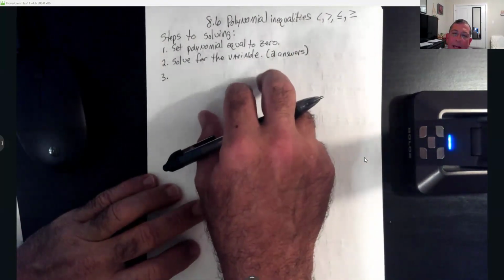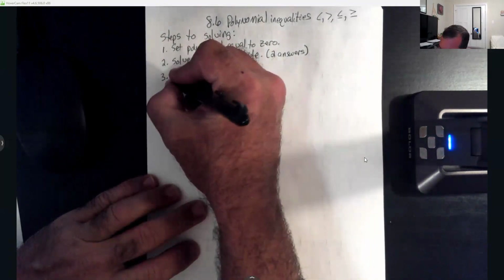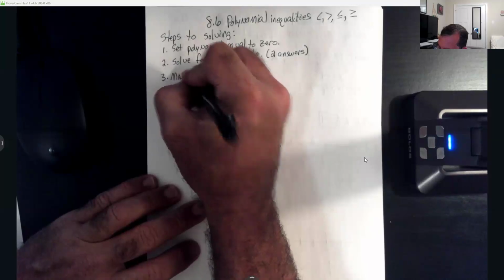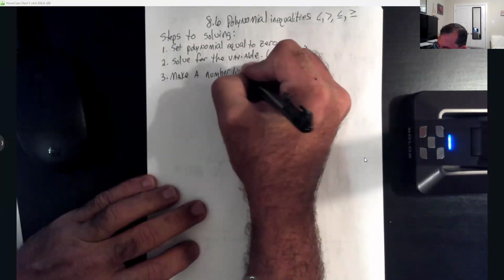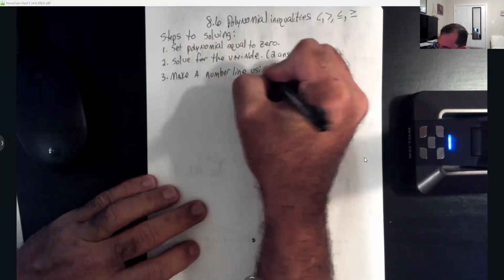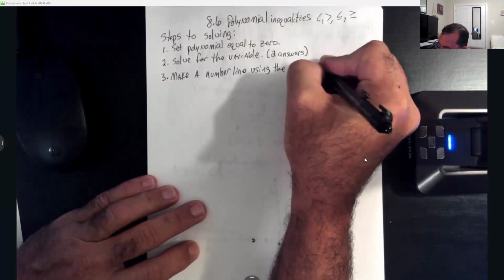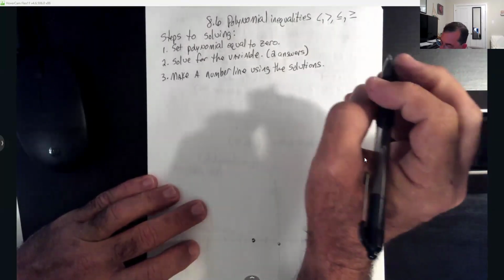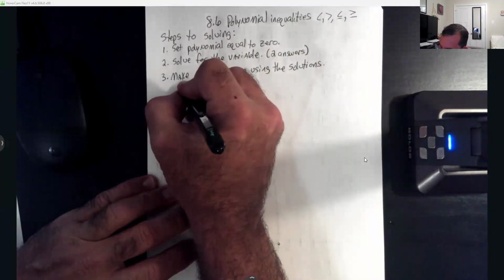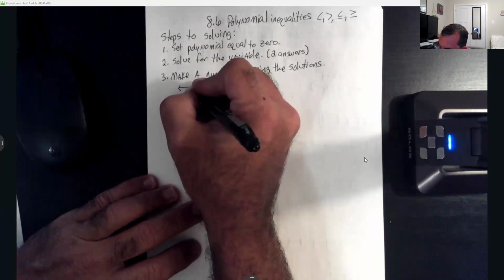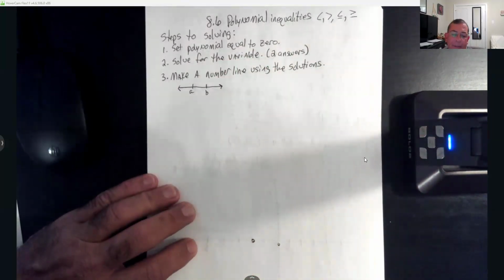So the way we find what sections are true or false is we make a number line using the solutions. So on my number line, I'll have 2 answers, my first answer and my second answer.